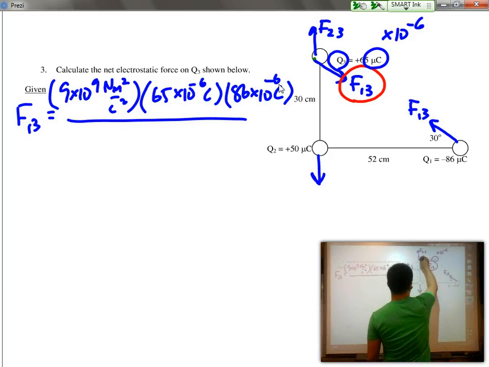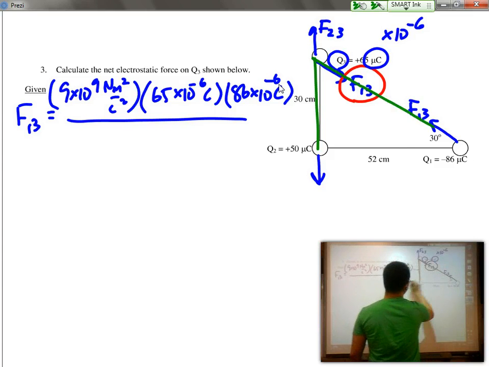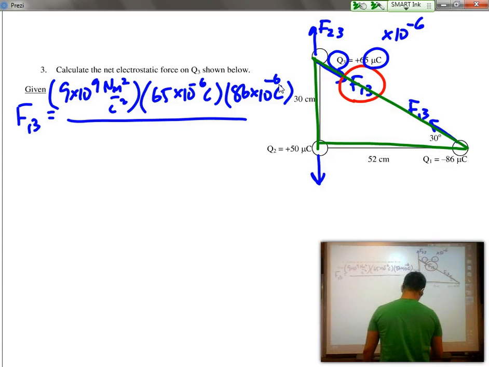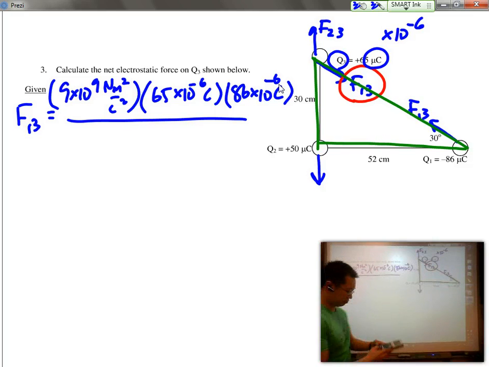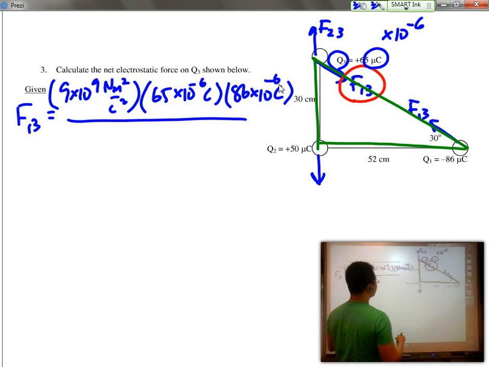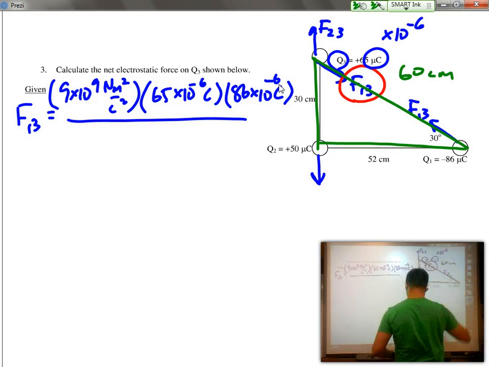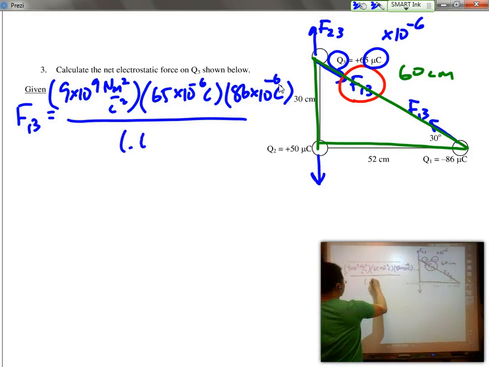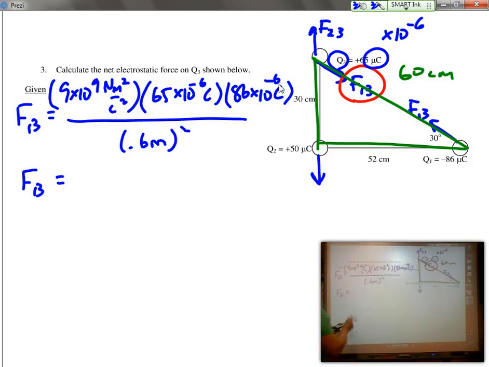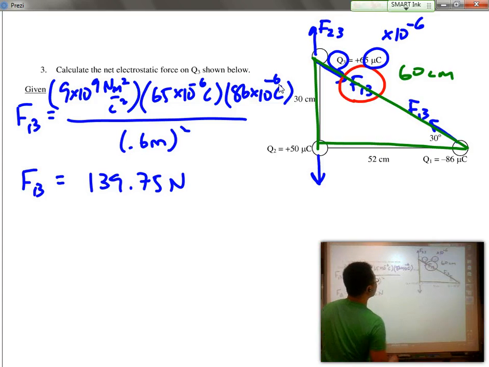If you notice that we do have a right triangle, we can use the Pythagorean theorem to find that the total distance is 60 centimeters between those two charges, which means that this becomes 0.6 meters squared. So F13 is equal to 139.75 newtons.